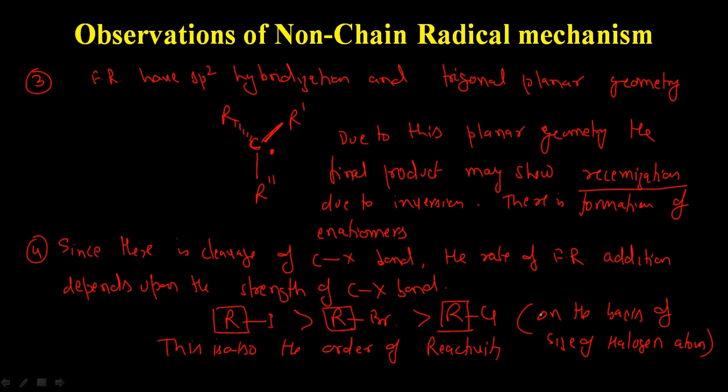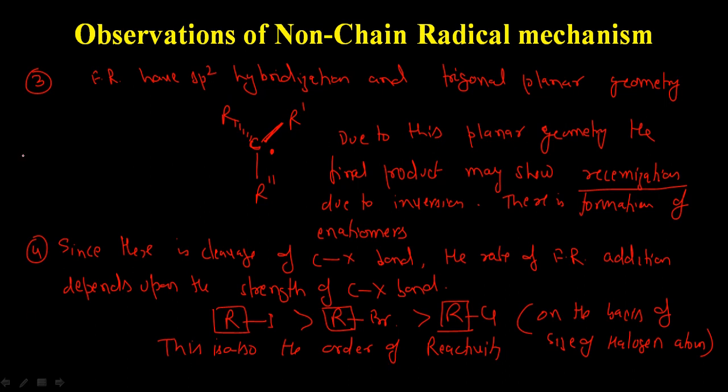And the next point was the CX bond cleavage is the rate determining step, hence the stronger the bond, the lower is the rate. And we know that the CI bond is weakest, the CBr bond is somewhat stronger, and the CCl bond is very strong, due to the size of halogen atoms which decreases in the order I, Br and Cl. Hence the order of reactivity, if alkyl groups are the same and halogen atoms are different, will be alkyl iodide reacting faster than alkyl bromides and then alkyl chlorides.